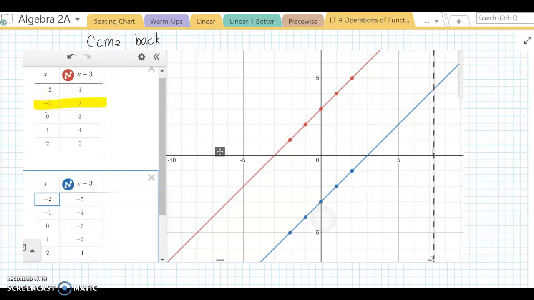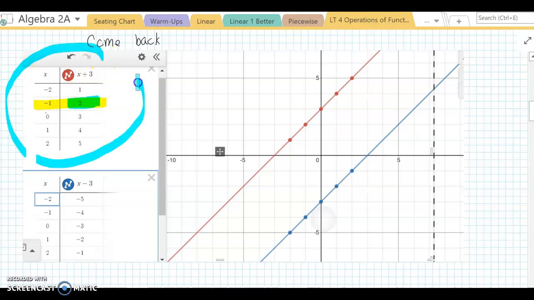If I look at this function and I look at my x, where x is -1, my y is 2. So if I look at this function now and I look at x is 2, I get -1. They are opposites of each other. The x's become the y's and the y's become the x's.